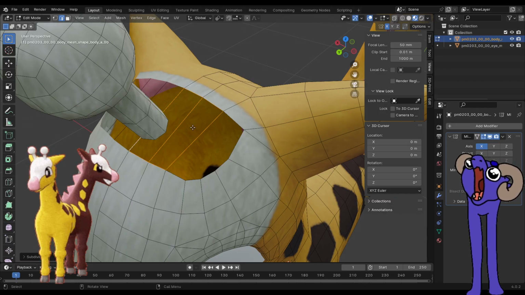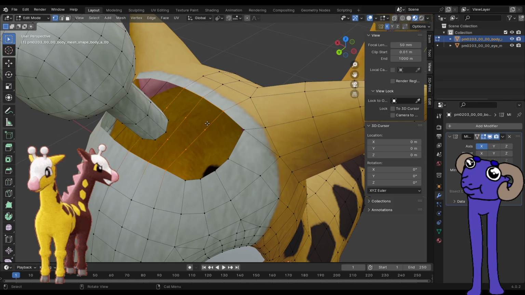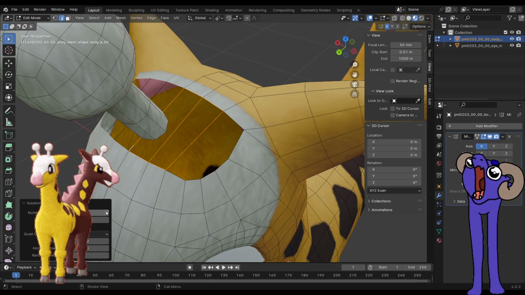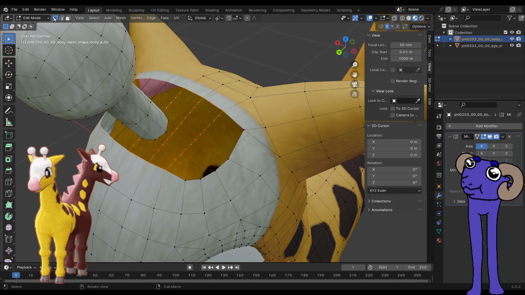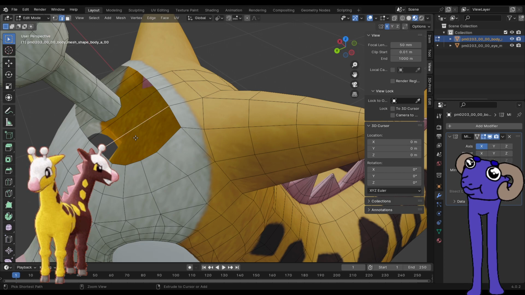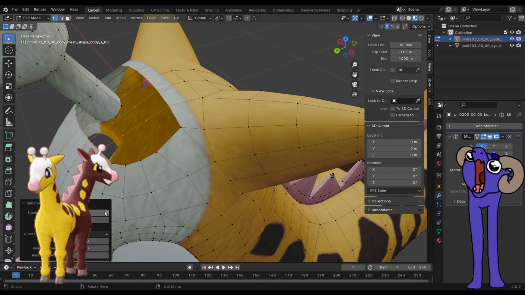So we got 1 subdivision, 2 subdivision. Nah, definitely need 3. 2 and 3. Oh god, that's too many. Hold up. Okay, subdivide. 2 and 3.